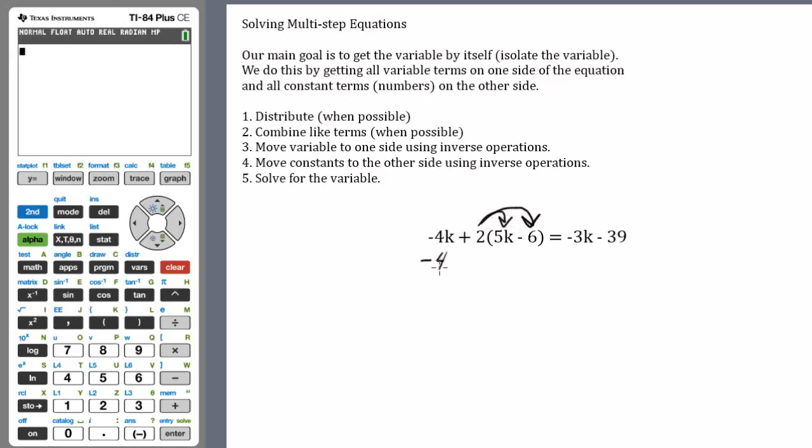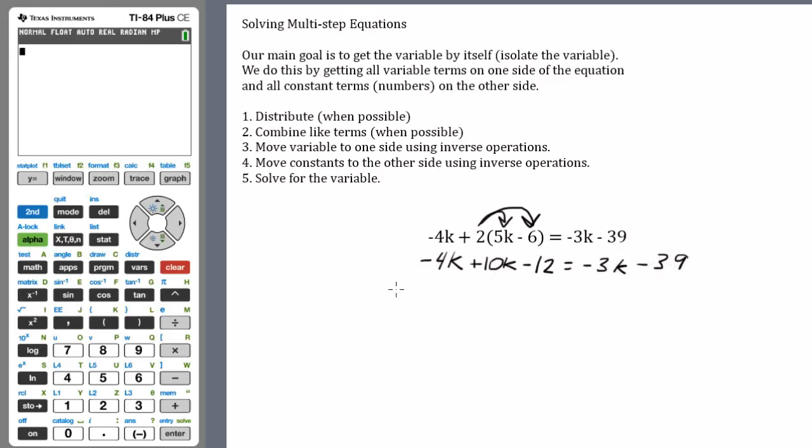That doesn't change. But we have positive 2 times 5k. So positive 2 times 5k is positive 10k. And positive 2 times negative 6, a positive times a negative is a negative, so we get negative 12. And then on this side, we get negative 3k minus 39. Well, that side just basically stays the same.